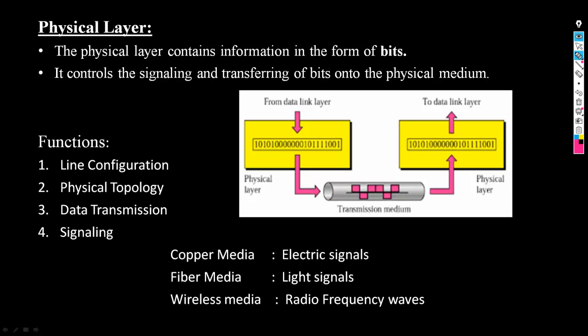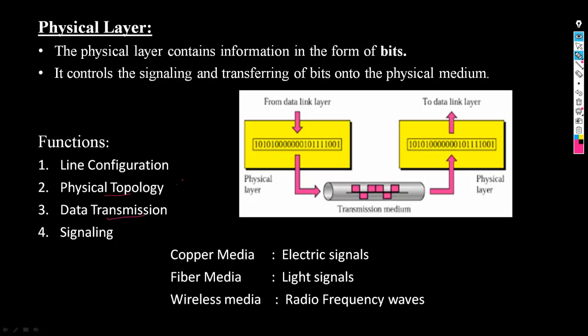One of its functions is line configuration, which means it defines the way how two or more devices can be connected physically. Its another function is physical topology, meaning physical layer specifies the way in which different devices or nodes are arranged in a network, that is bus topology or star topology or mesh topology.